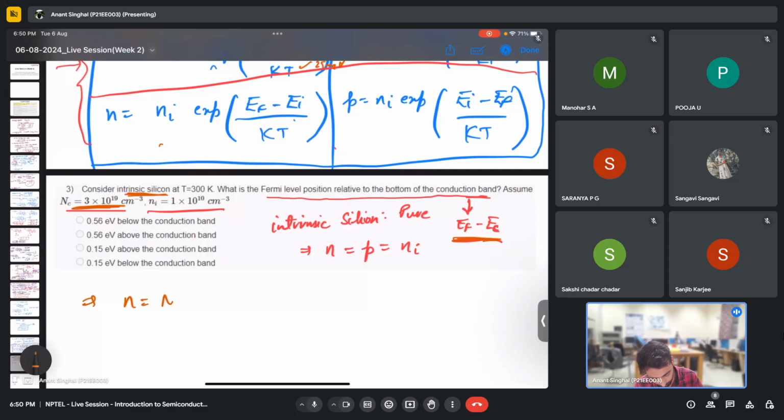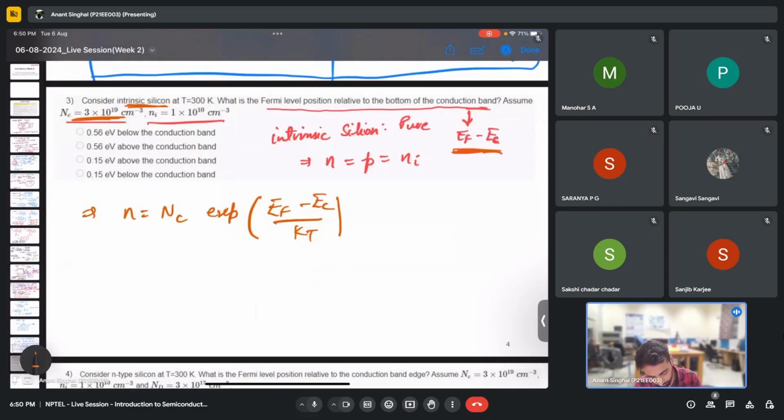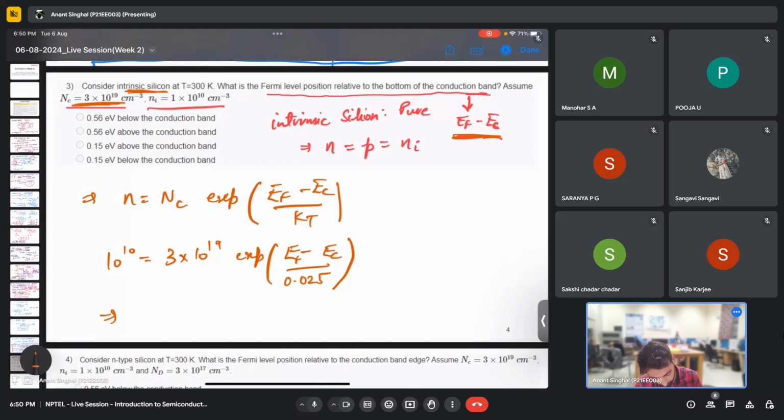So we have n as Nc exponential of (EF minus EC) over kT. n will be ni because we have intrinsic silicon, which is given as 10 raised to the power 10. Nc is given as 10 raised to the power 19, exponential of (EF minus EC) over kT, that is 0.025 eV.